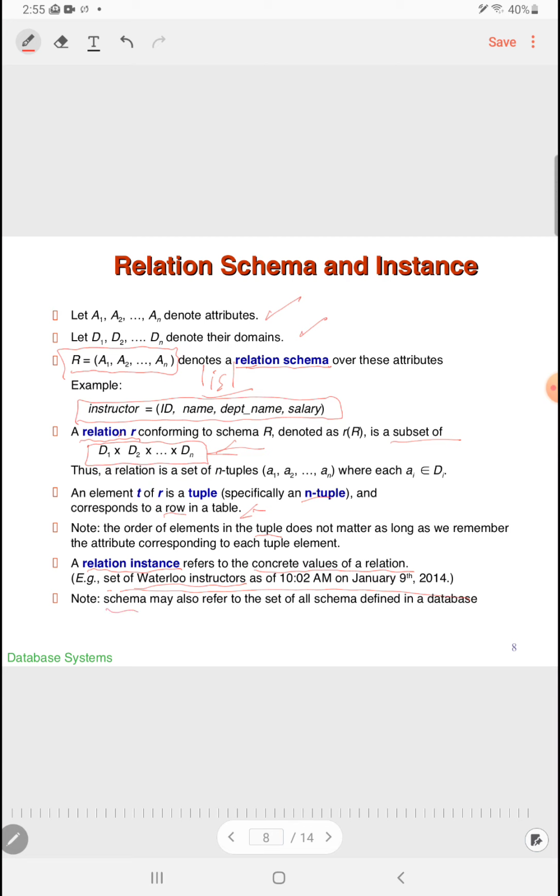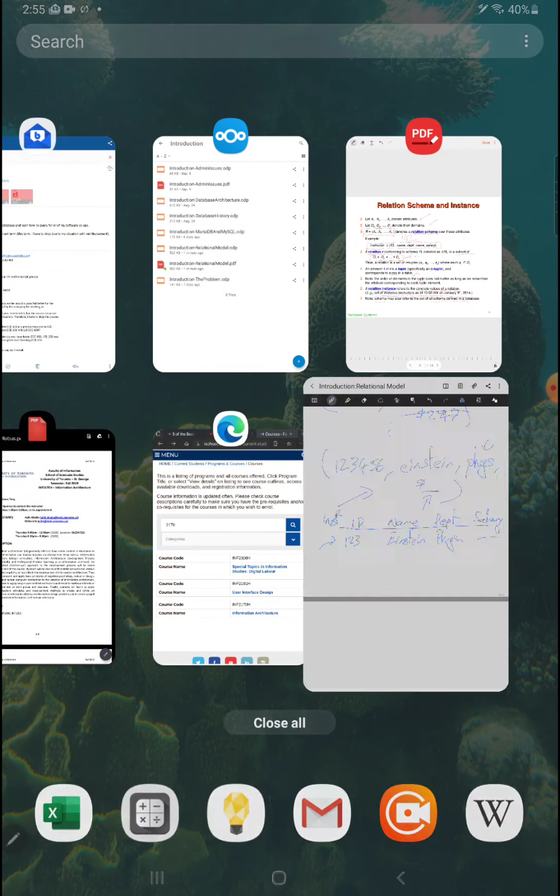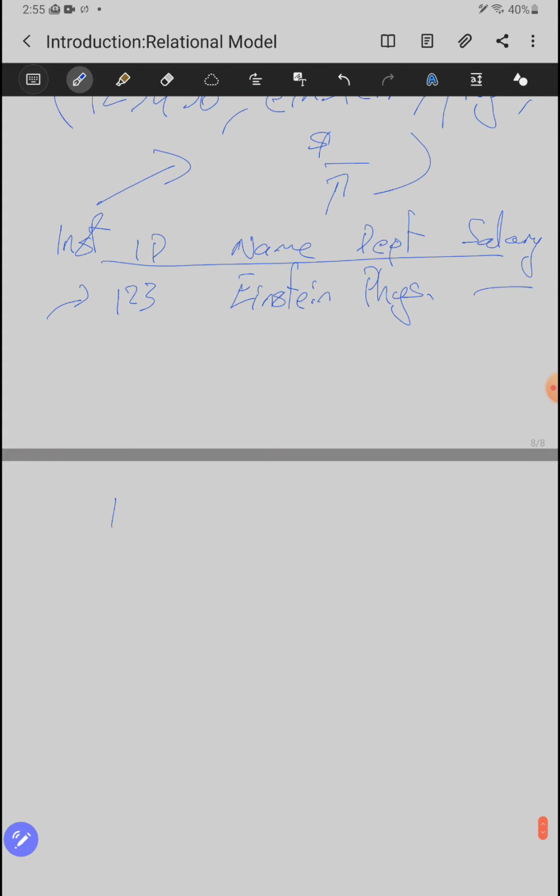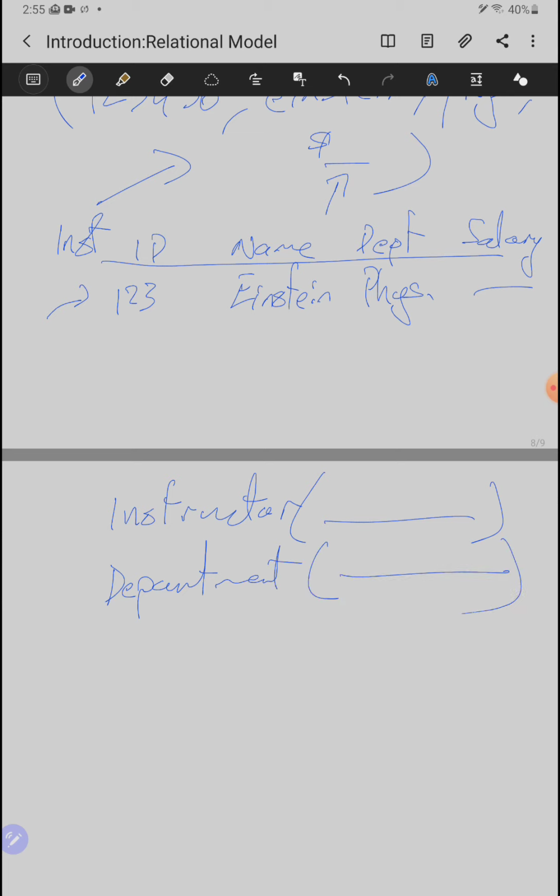One final comment, schema is also used to refer to all of the schema within a database. So suppose we have instructor as one schema, and we have department as another schema, etc., etc. We may refer to these collectively as the DB schema.